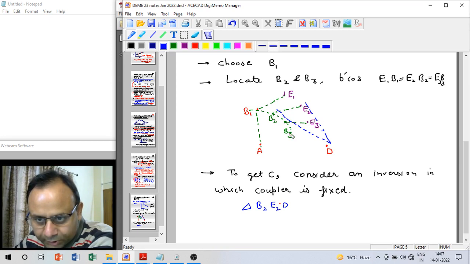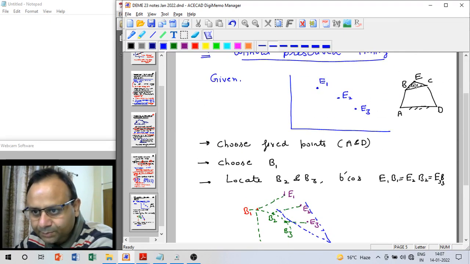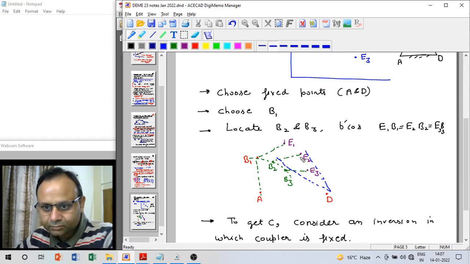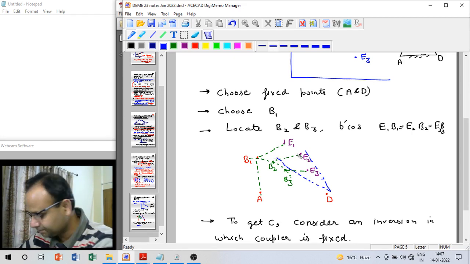So B2, E2, D. Now if we are considering an inversion in which coupler is fixed, then BE will not move because BE is on the coupler. So what you will have to do is make a triangle which is similar to B2E2D on this BE. I hope you get the idea. This triangle which corresponds to position 2, you are moving to base B1E1, because we are considering a kinematic inversion.